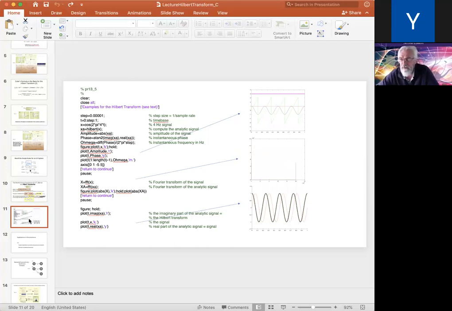So before I go into details of some applications, are there any questions about this explanation, the example, and the underlying mathematical equations?